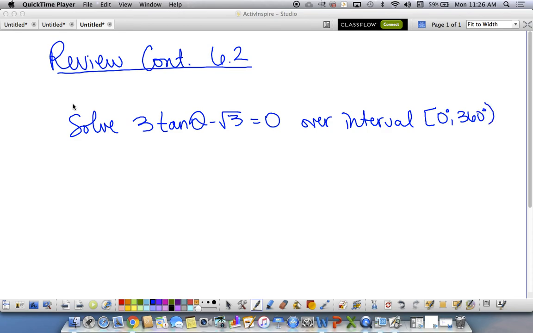Okay, some questions I have gotten are, how do we know if it wants it in degrees or radians? The interval tells us. If I put 0, 2 pi, they would want that answer in radians, okay? 0 degrees to 360 is degrees. That's what they want the answer in, okay?